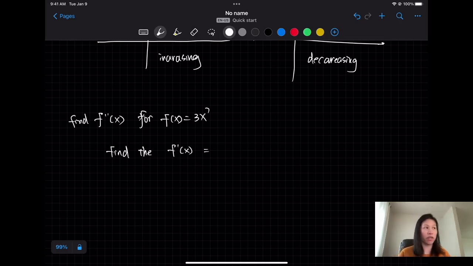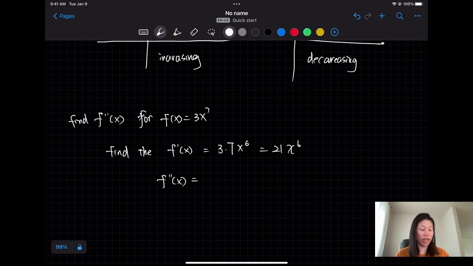So the first derivative is what? Well, the first derivative is going to equal 3 times 7x to the 7 minus 1, which is 6. So this is 21x to the 6th.